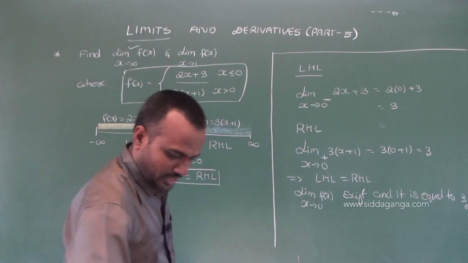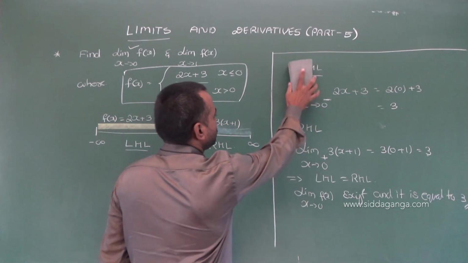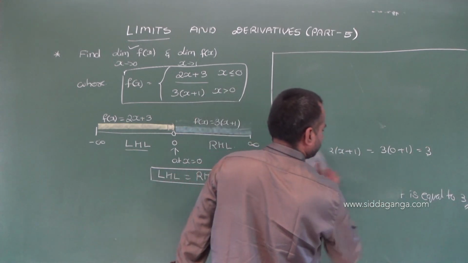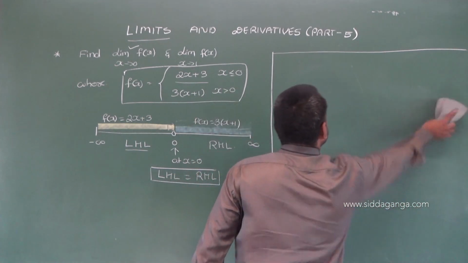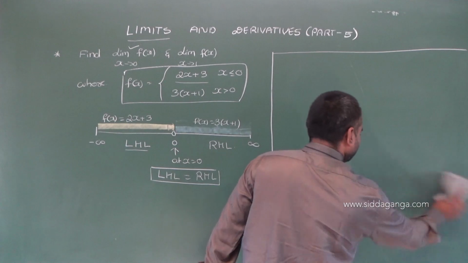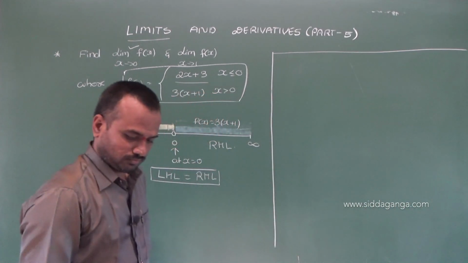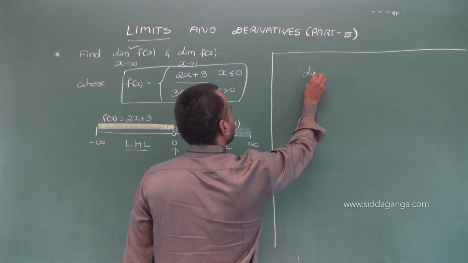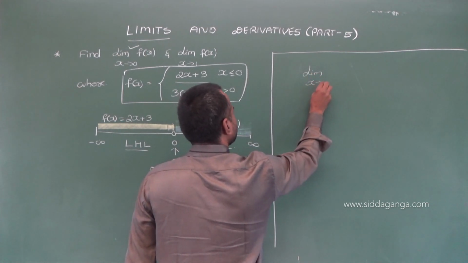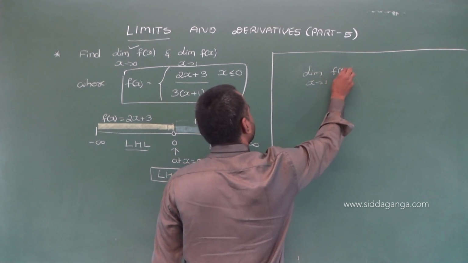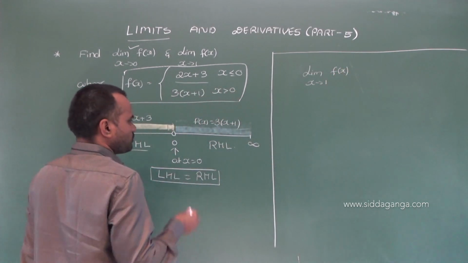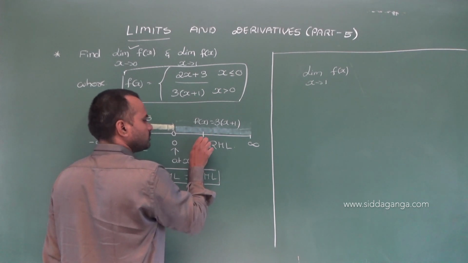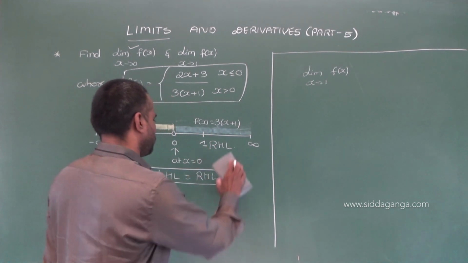Then the second one. First one, understand? Second one, limit x tends to 1 of f of x. Observe the domain is here, 1.